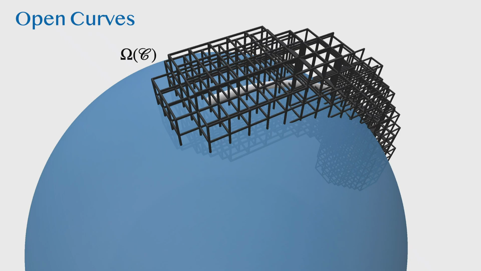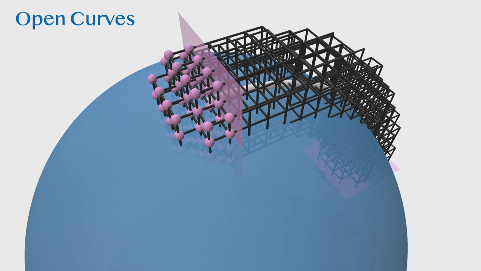So one thing to point out though for open curves is that you actually don't apply the boundary condition modifications outside the endpoints of the open curve. So the boundary set omega c includes these half tubular regions in pink around the end cap, like around the endpoints of the open curve.